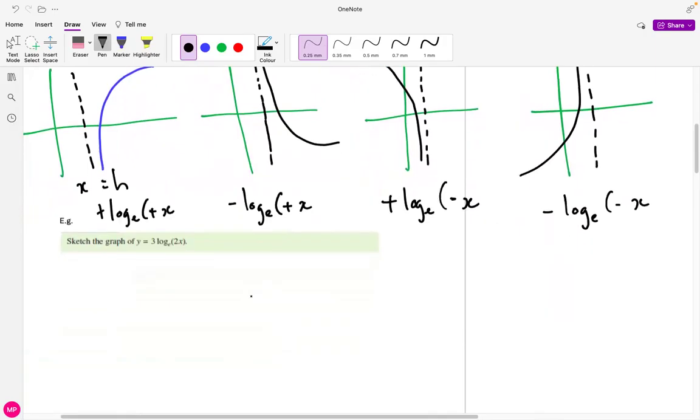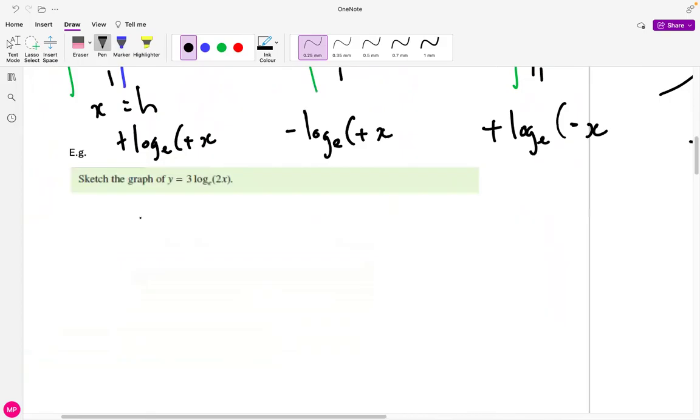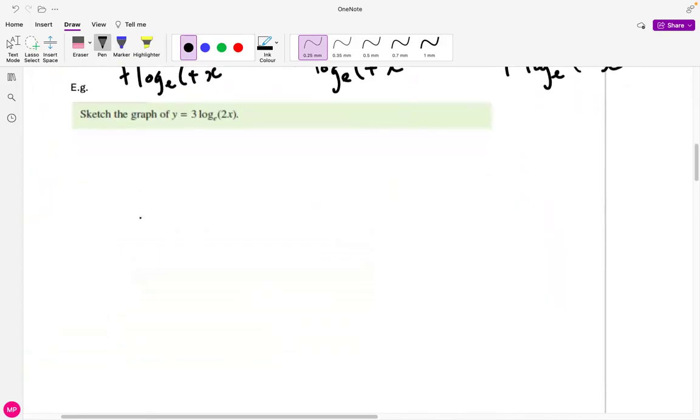All right, we're going to do some examples together here. Sketch y equals 3 log a of 2x. So our first step is we find the asymptote, which is whatever the x value inside the log that makes it equal 0.